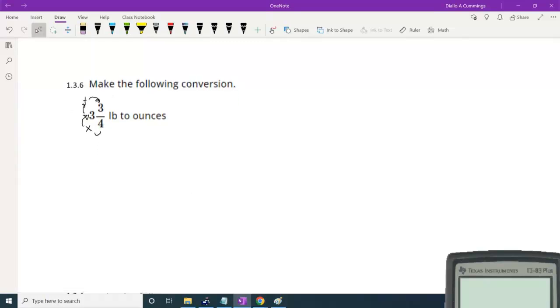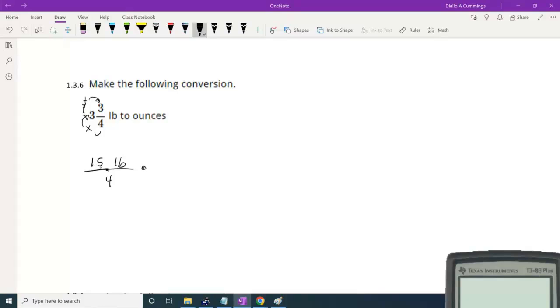So I can write 3 3/4 pounds as 15 over 4 pounds. Keep in mind that the pounds is either in the numerator or attached to the side. So that's 15 over 4 pounds.